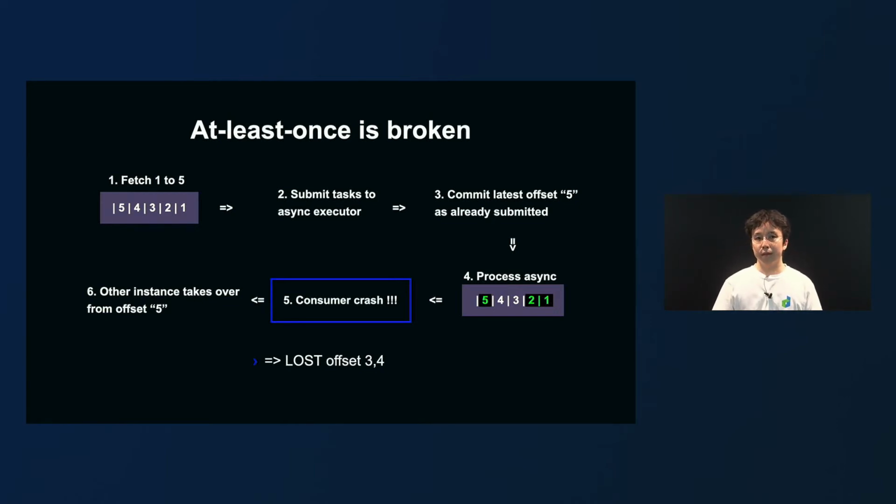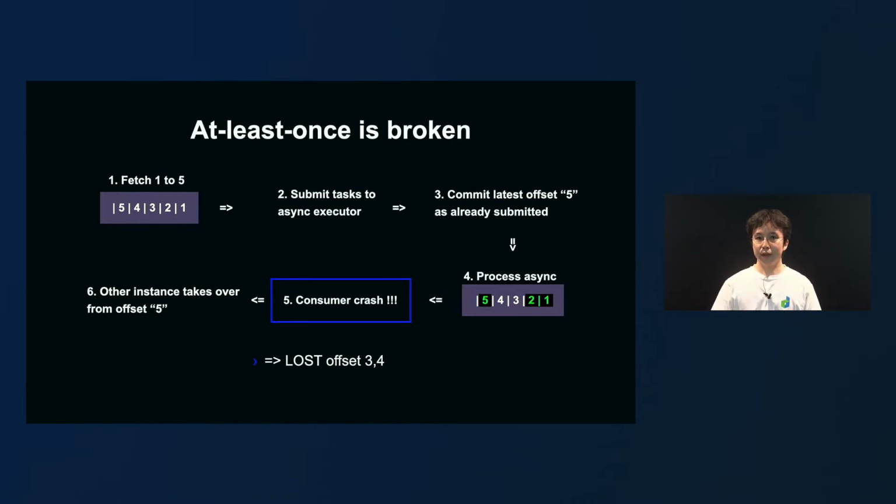For example, messages offset 1 to 5 are fetched. Messages are submitted to the executor service and then it commits the offset. Since this is asynchronous, the order of processing is not guaranteed.